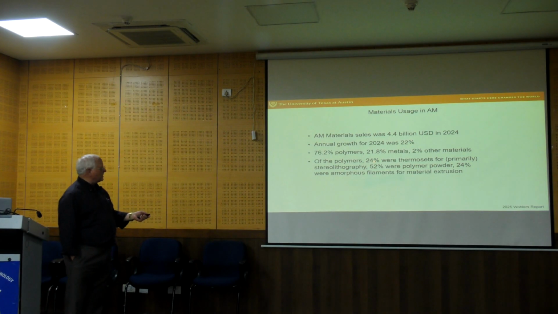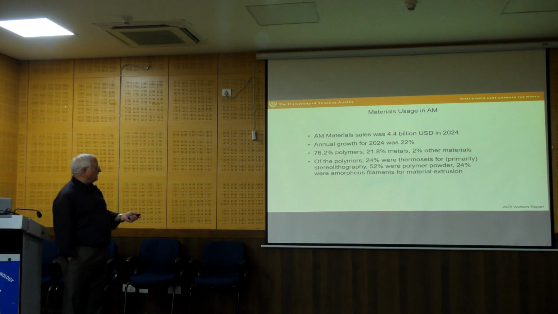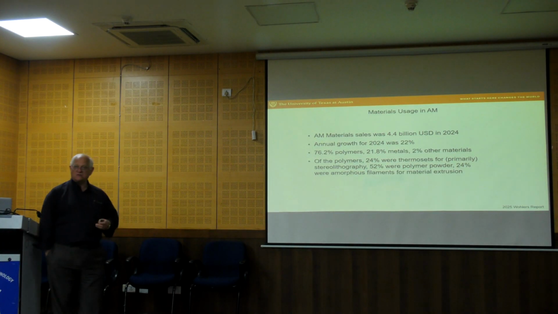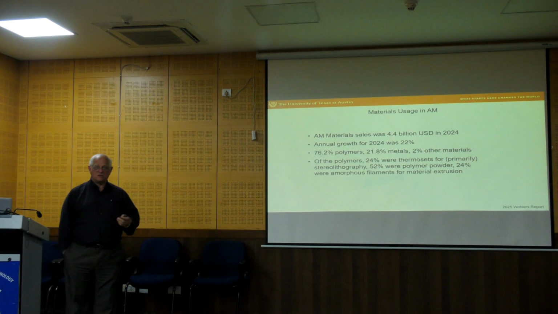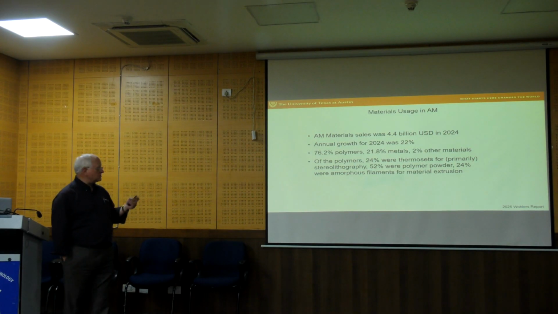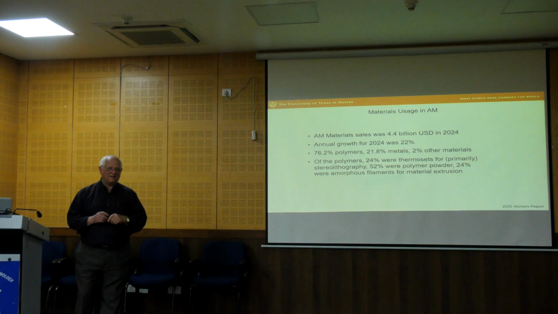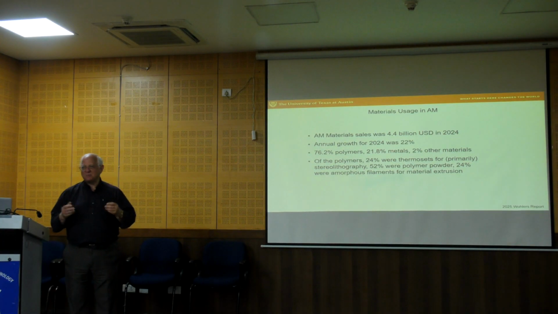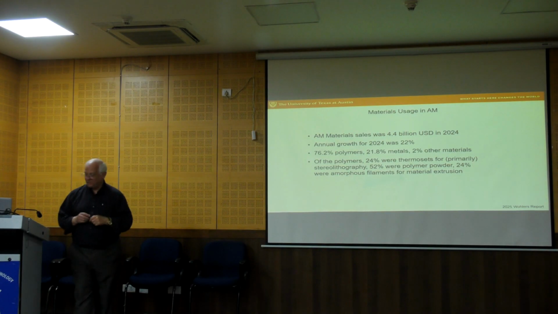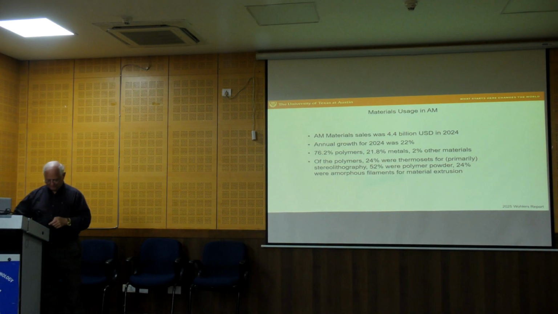For the polymers, about 25% are thermosets, so this is stereolithography. About half are polymer powders, almost universally laser sintering nylon, which is the most popular of the additive feedstocks. And then about 25% are the extrusion polymers. Those of you that know about those, it's no surprise. These are polylactic acid and ABS.